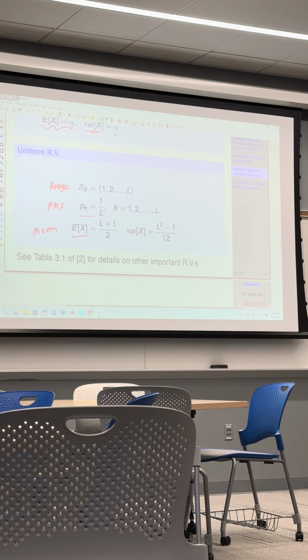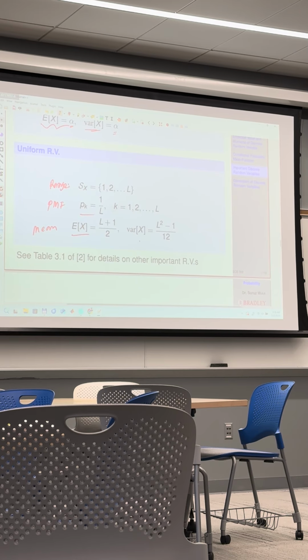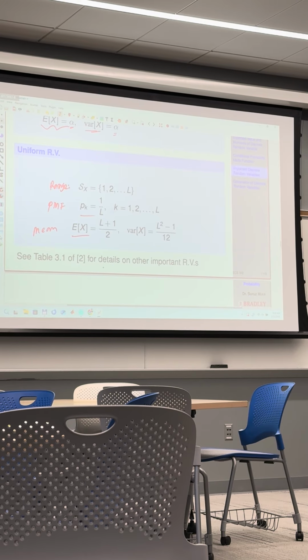Now we are going to cover the mean and variance of continuous random variables, which is part of chapter number 4. We will be deriving this sort of form for continuous random variables. There are some other discrete random variables as well.